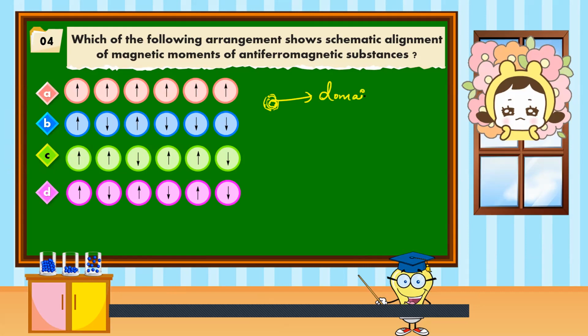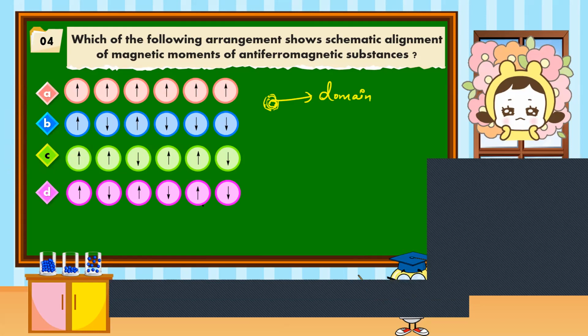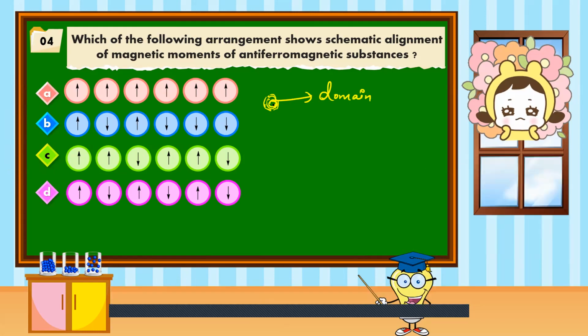Each metal ion contains an electron. That electron acts as a tiny magnet.